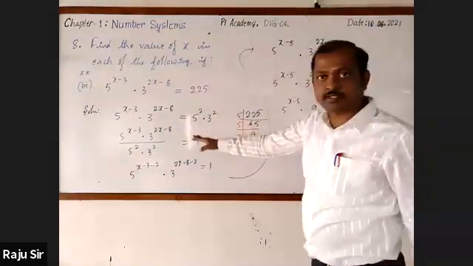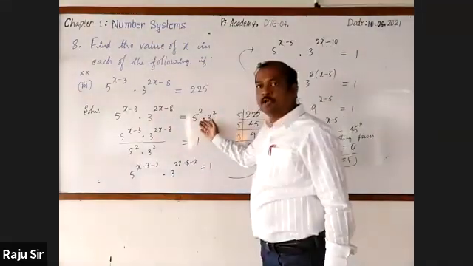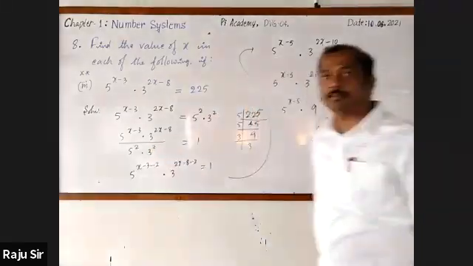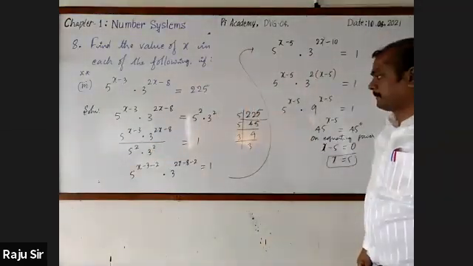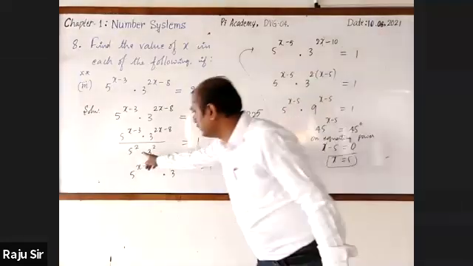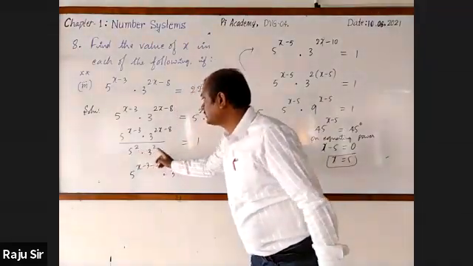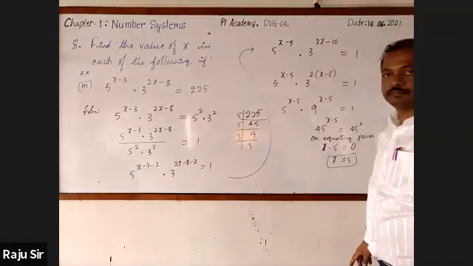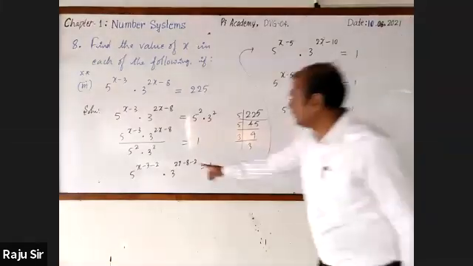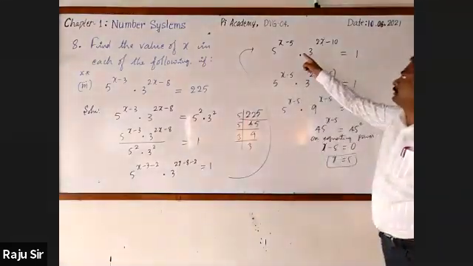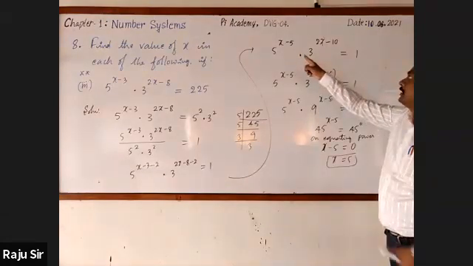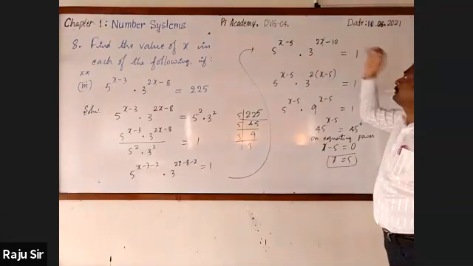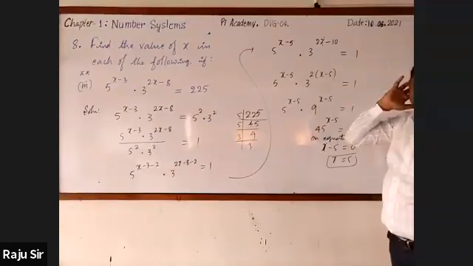In the second step, we have transposed RHS to the denominator. Then take 5 square and 3 square to the numerator. We go for simplifying and get 5 raised to the power x minus 5, 3 raised to the power 2x minus 10.